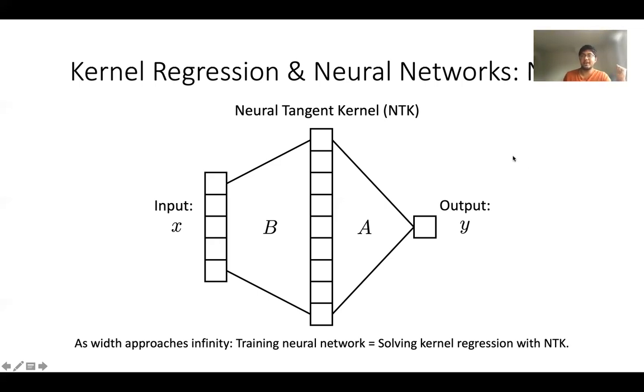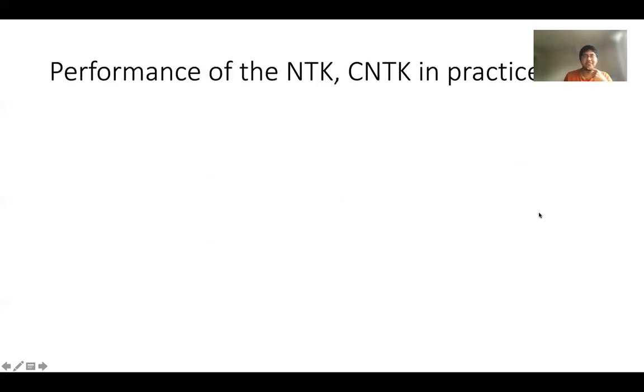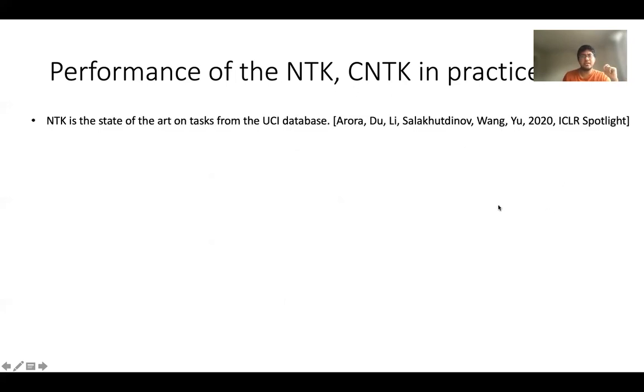Is it beating out neural networks, and why should we ever go back to neural networks? So the answer is this is still up for contention, but there's been a lot of recent work showing that the neural tangent kernel, and the corresponding neural tangent kernel for any architecture, including convolutional ones, works really, really well.